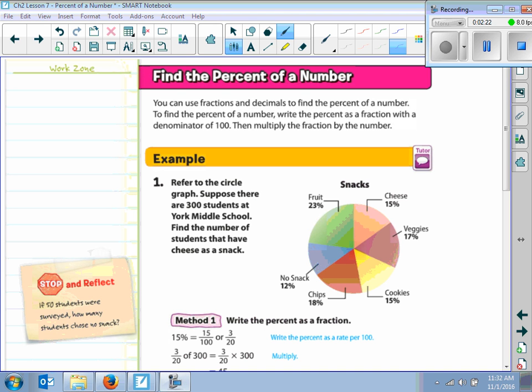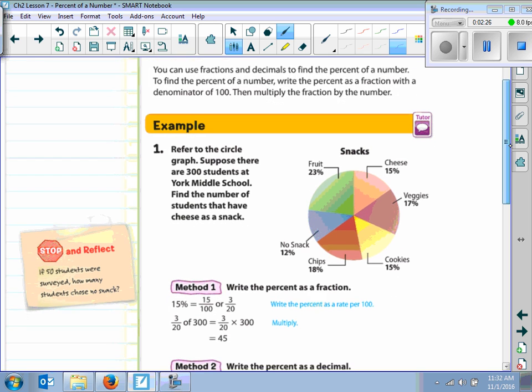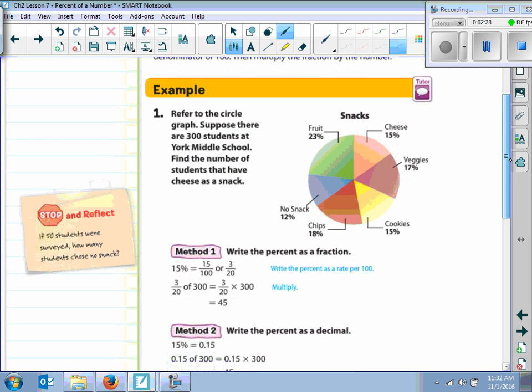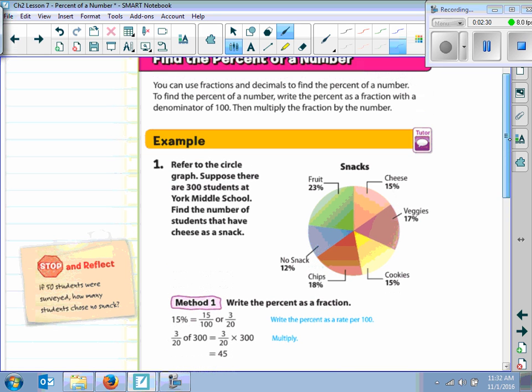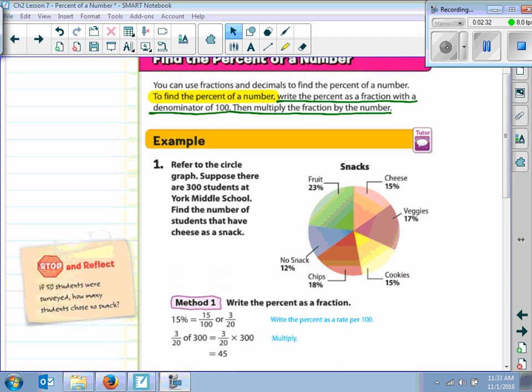Okay? So here, let's see. For example 1, let's write this down. So to find the percent of a number, you're going to write the percent as a fraction with a denominator of 100, and then you're going to multiply that fraction times the number.